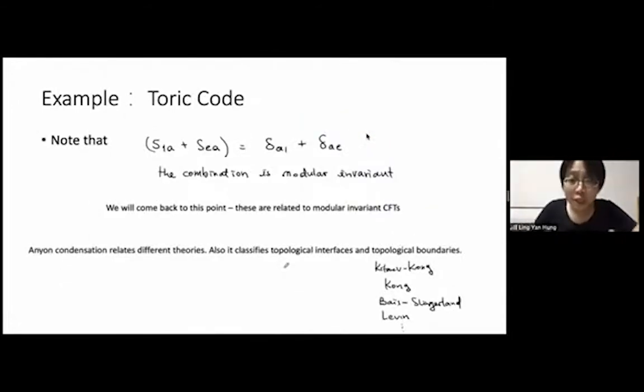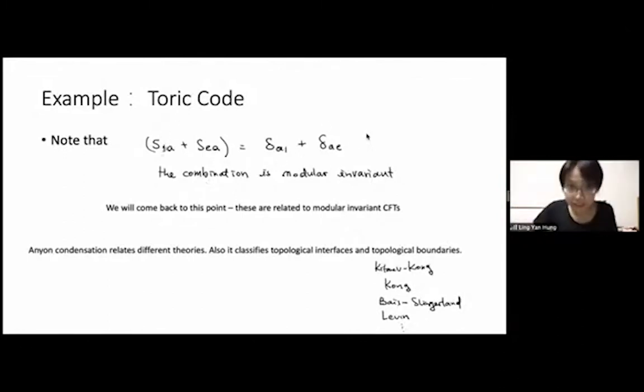Let me also bring to your attention that if you take the modular S matrix and apply it to S_1A plus S_EA, where 1 and E are the condensate, you find that you go back to 1 and E. So if I take the ground state of an anyon 1 plus E and do a modular transform, it would basically go back to itself.